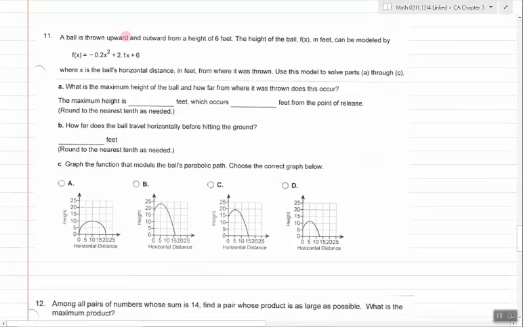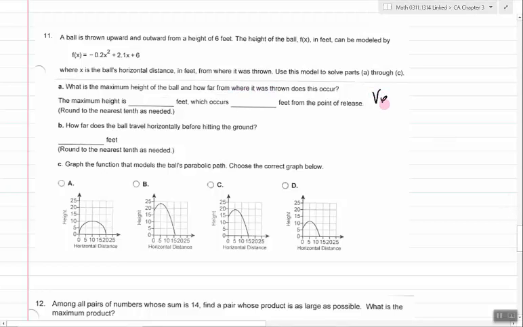All right, let's go to number 11. A ball is thrown upward and outward from a height of 6 feet. The height of the ball in feet can be modeled by an equation. It is negative, it is going down, so one of these is right. What is the maximum height of the ball and how far from where it was thrown does this occur?